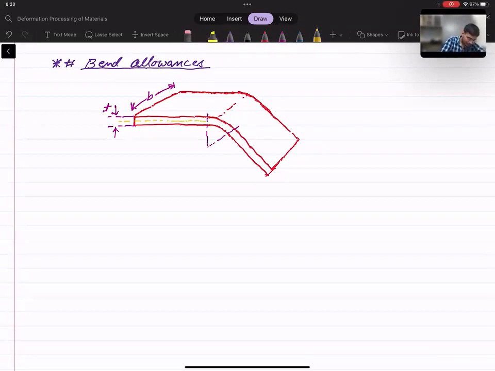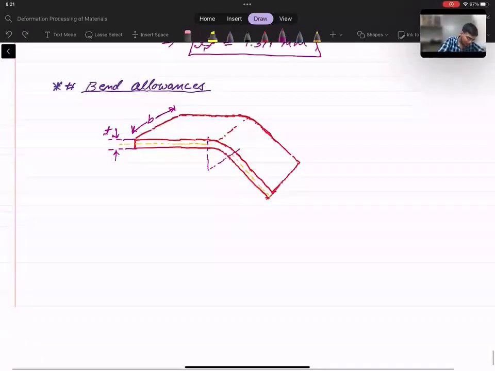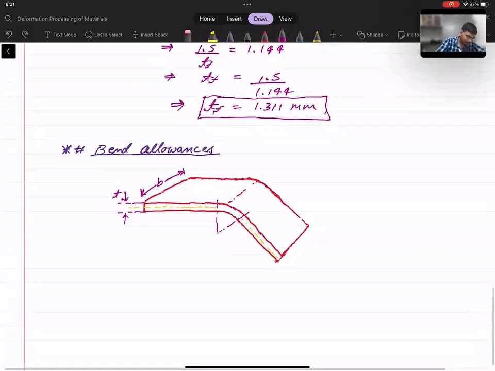If this is the center line, here this will be the bend radius. What happens?